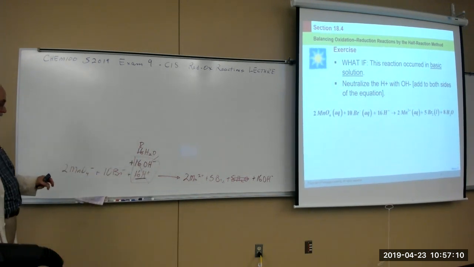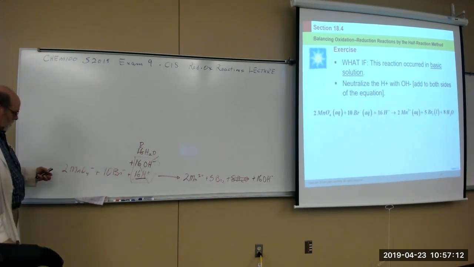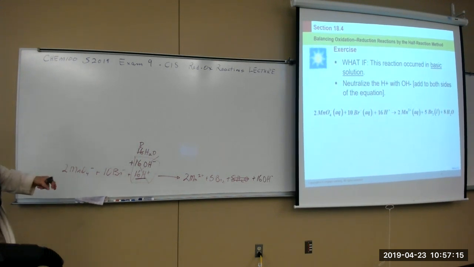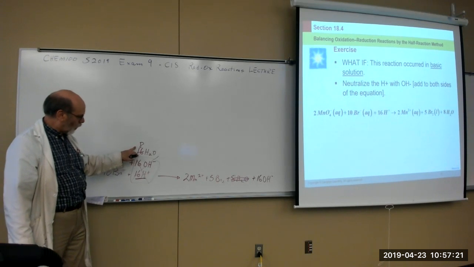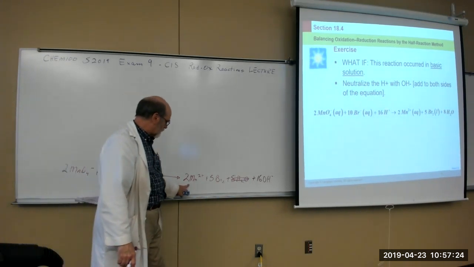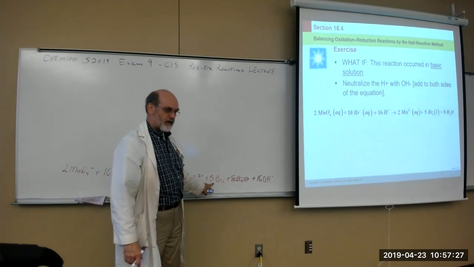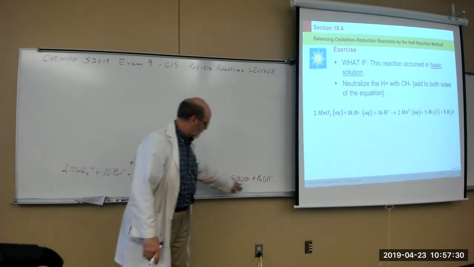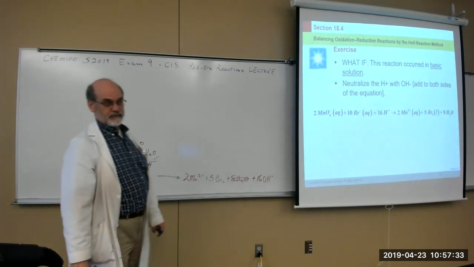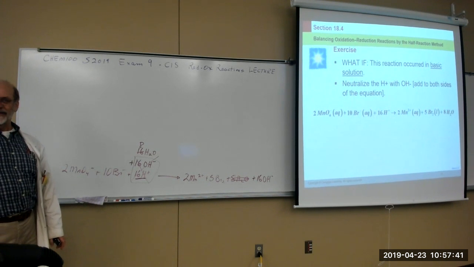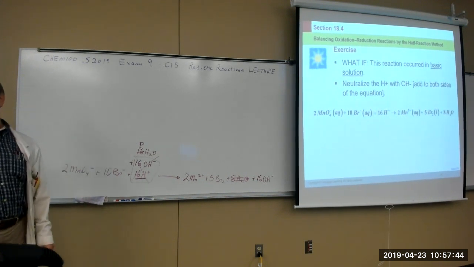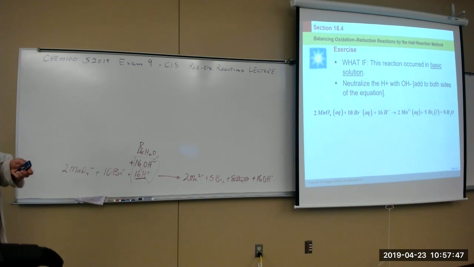So the balanced equation, which I didn't put up there because I just created this slide, is 2 permanganates plus 10 bromides plus 8 waters yields 2 manganese 2+ ions plus 5 bromine molecules plus 16 hydroxyls. That's basic solution. This is what I call my fake acid method. You do the acid first, then you convert it to hydroxyls, which is basic solution. Okay?